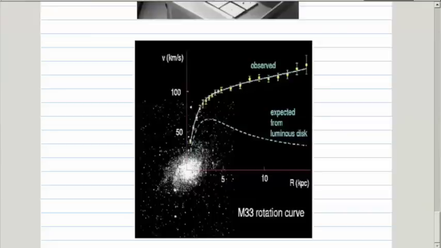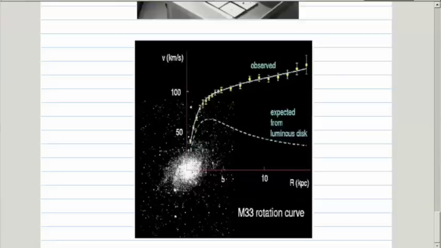So you would expect that, say, at this distance, anywhere between 5 and 10, this is in kiloparsecs, right? 1 parsec is 3.26 light years, and a kiloparsec is 3.26 thousand light years. So the unit here is kiloparsec.